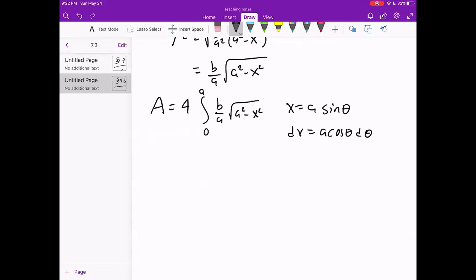So what I need to do now to make things easier on myself, sorry, I forgot a dx on my integral. So I'm going to need this anyway. If I solve this first equation, x equals a sine theta, for theta, I'm going to get theta is equal to the arc sine of x over a.